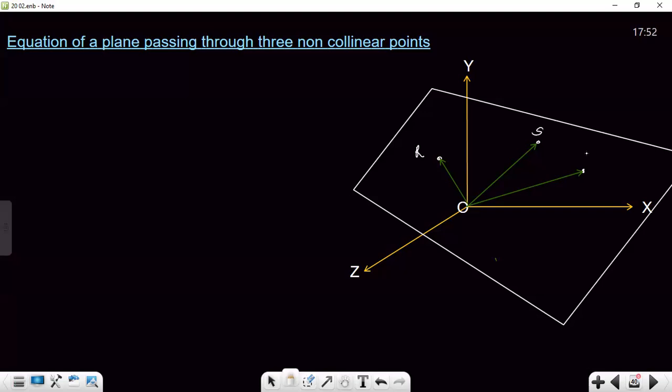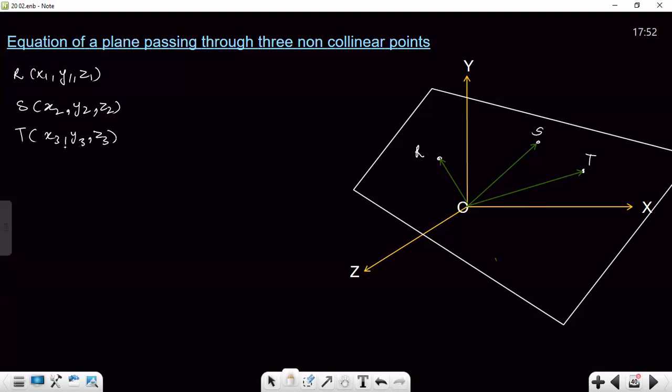R has the coordinates x1, y1, and z1. S has the coordinates x2, y2, and z2. T has the coordinates x3, y3, and z3.